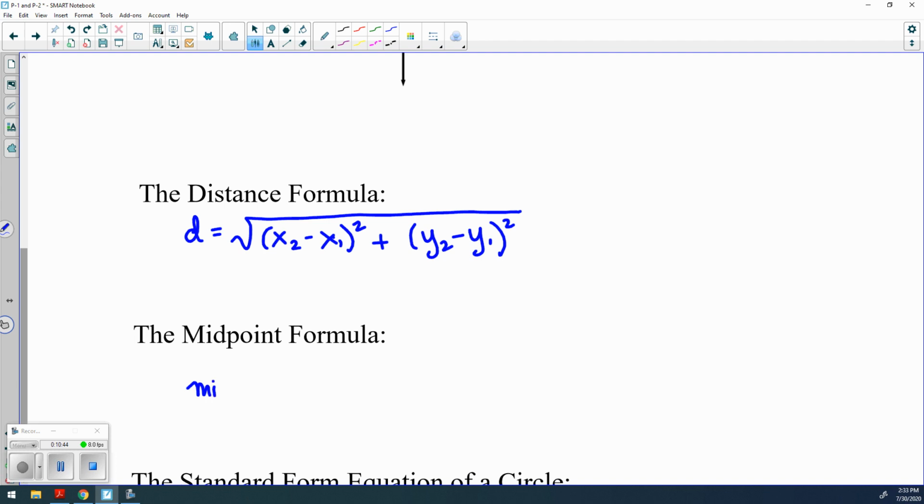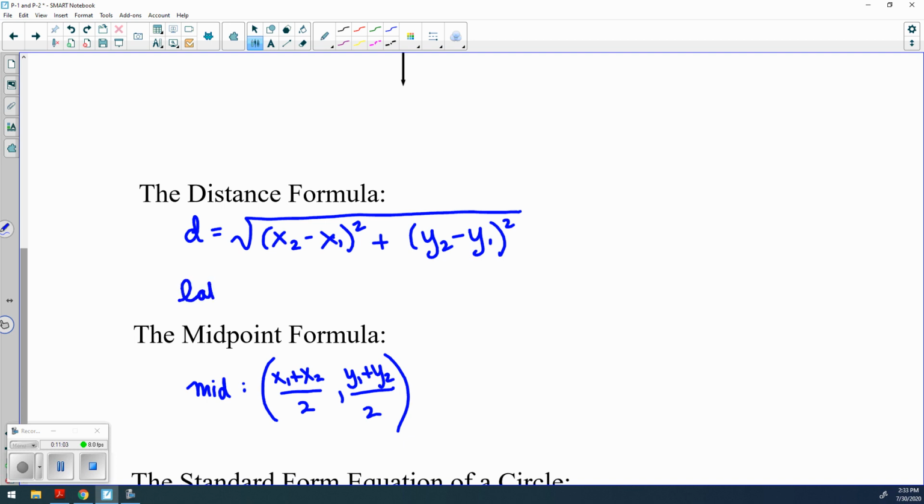The midpoint between 2 points. Our formula, the midpoint, is an actual ordered pair. To find the midpoint, you just average your x's, so add them together and divide by 2. And then you average your y's. Add them together and divide by 2. So the distance formula is going to give you a distance.